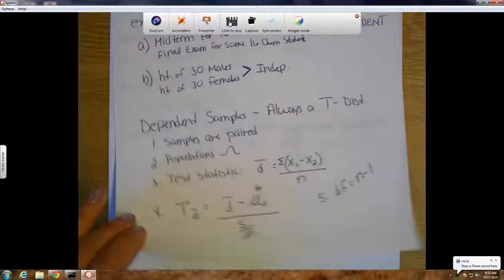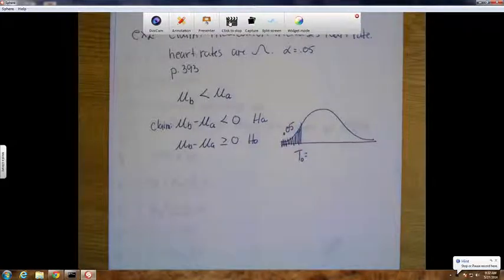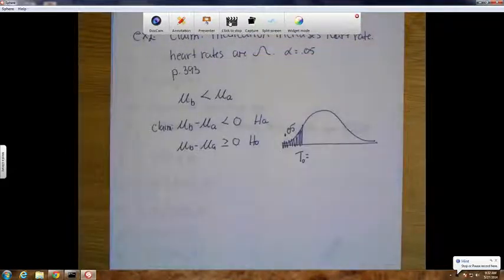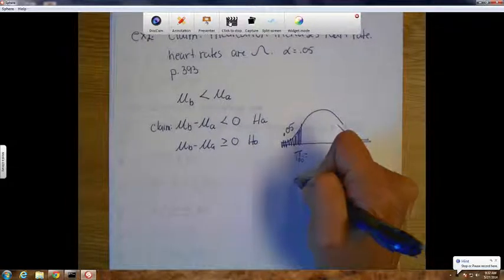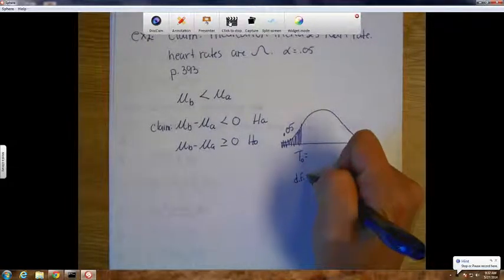So our sample had 12 test subjects, so our sample size is 12. That means our degrees of freedom is 11.